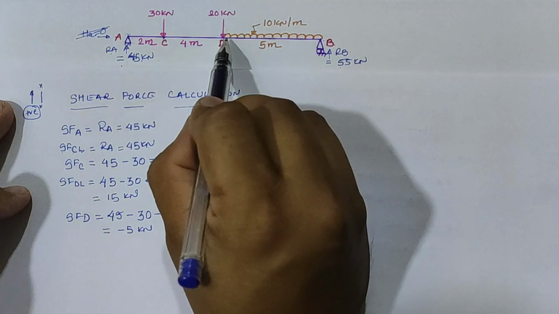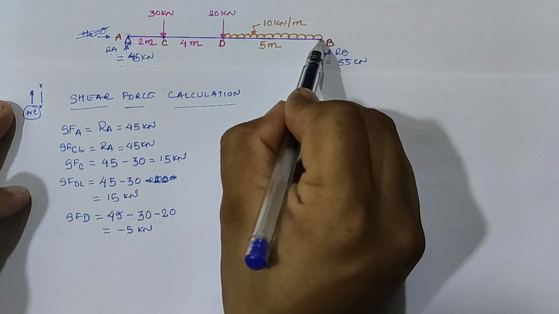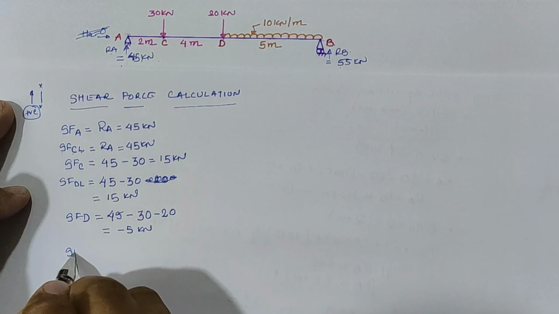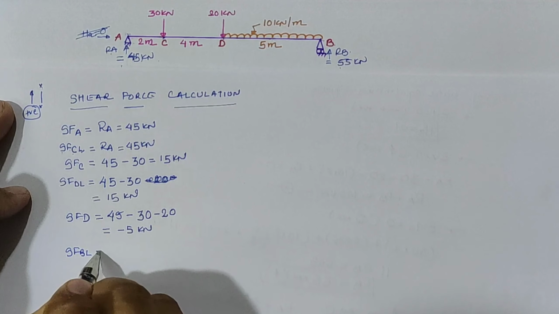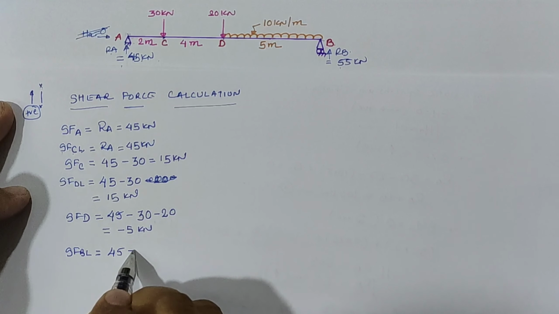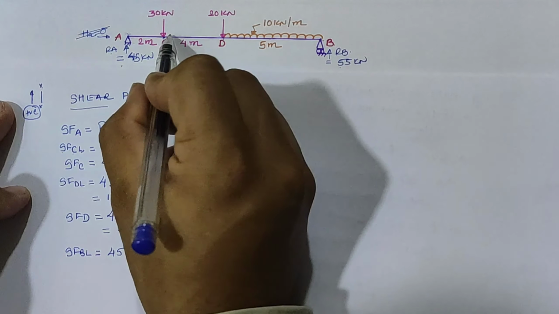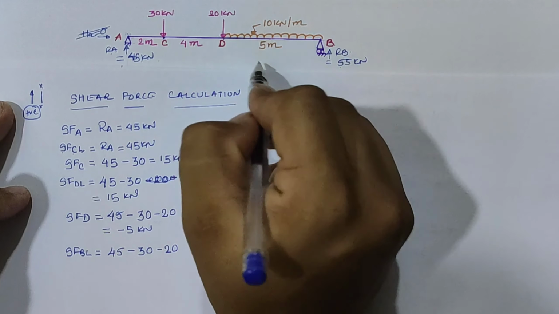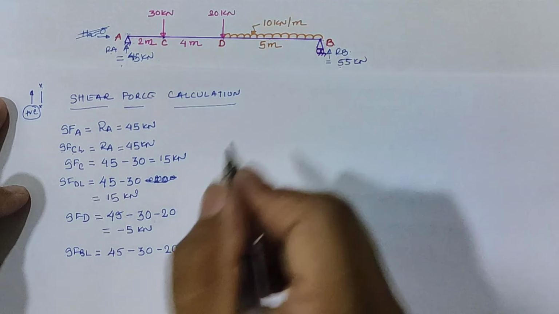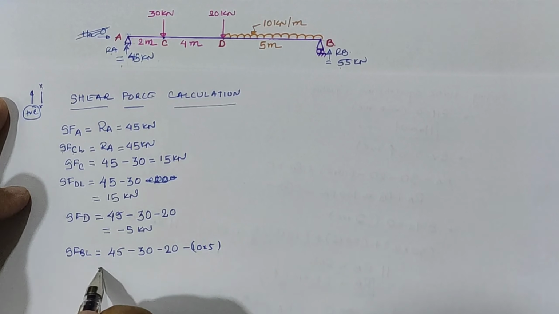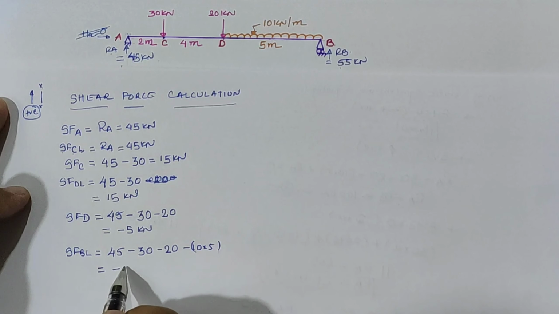Now going ahead for the UDL, we have to calculate point B. Just before point B, SF at B left is equal to 45 up minus 30 down at point C minus 20 down at point D, and for the UDL the total load is 10 into 5. So minus 10 into 5 as total load, hence the value is minus 55 kilonewton.